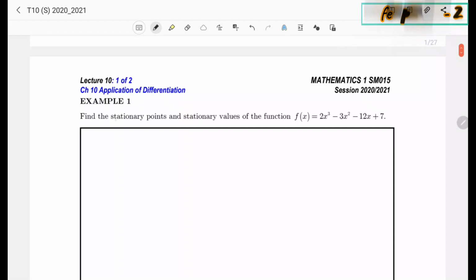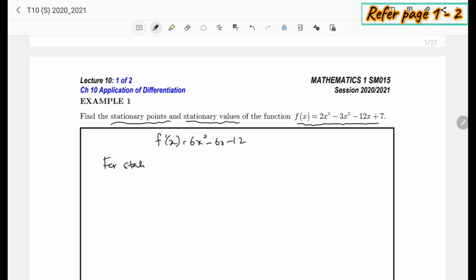Let's continue to the first example. Find the stationary points and stationary values of the function f(x) here. Okay, the first step is you need to get your f prime x. So differentiate f(x), you will get 6x squared minus 6x minus 12. For stationary points, f prime x equal to 0.